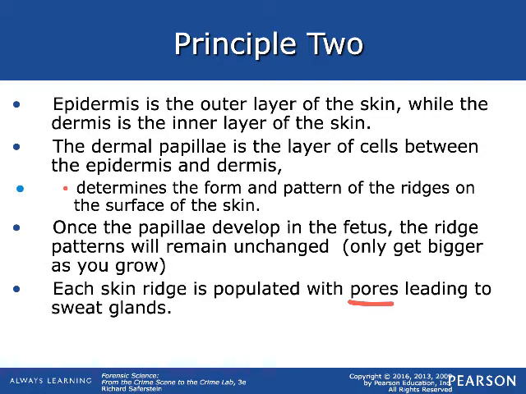So liquid comes out of those pores, and that's what allows us to leave a fingerprint. Epidermis, dermis, the dermal papilla is in between them. The papilla develop when you're a fetus, and they stay the same.